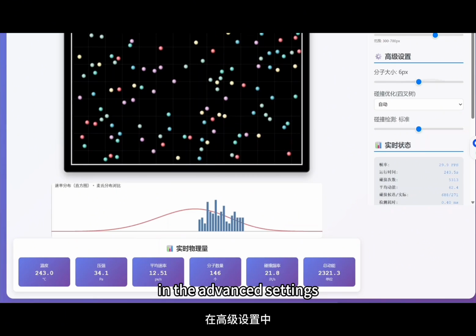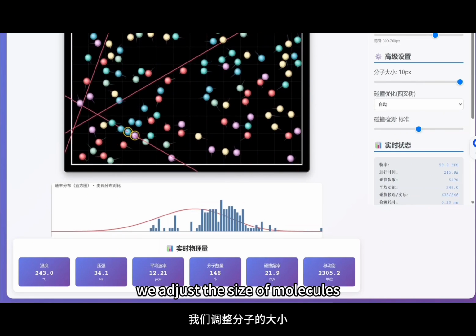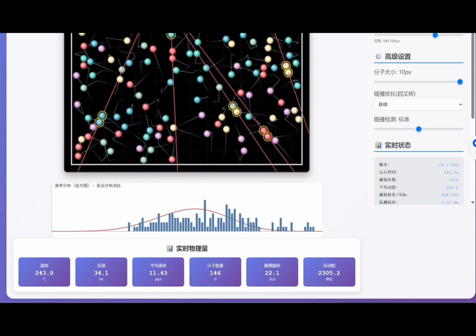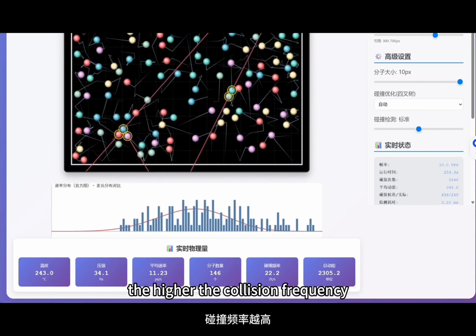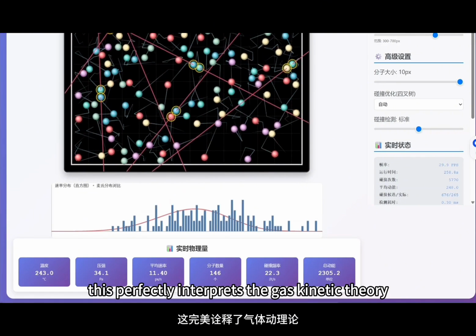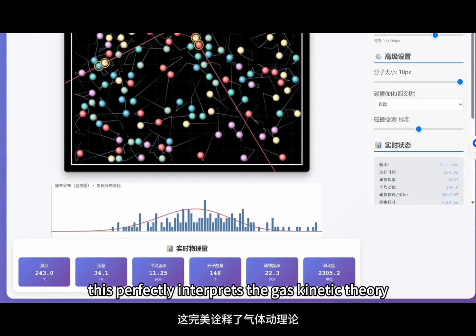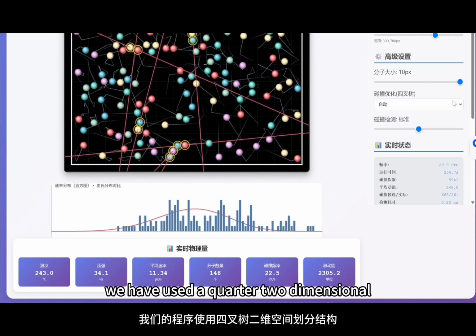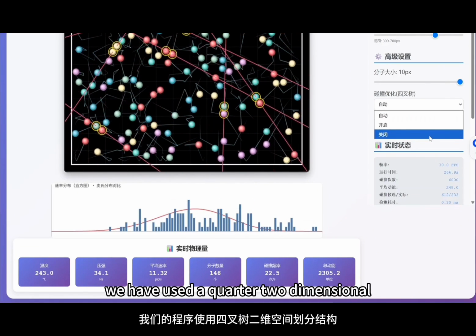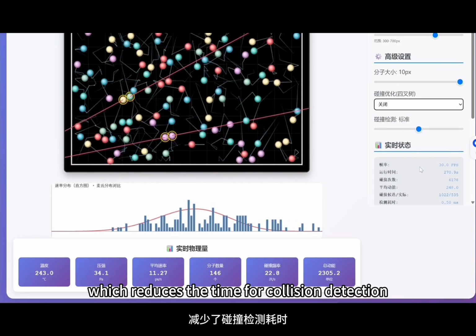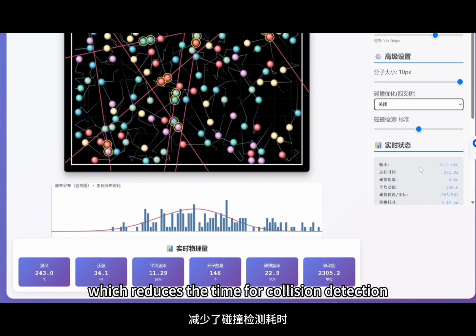In the advanced settings, we adjust the size of molecules, and it can be found that the larger the molecule, the higher the collision frequency. This perfectly interprets the gas kinetic theory. We have used a quadtree two-dimensional space partition structure here, which reduces the time for collision detection.